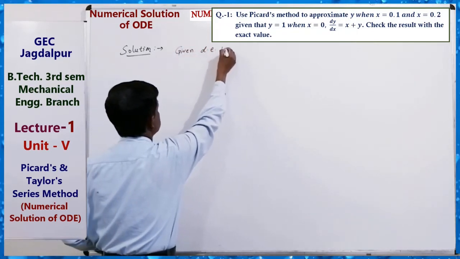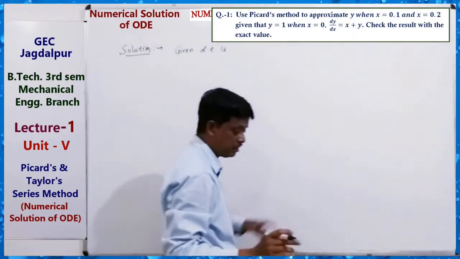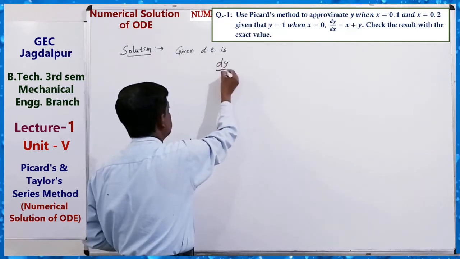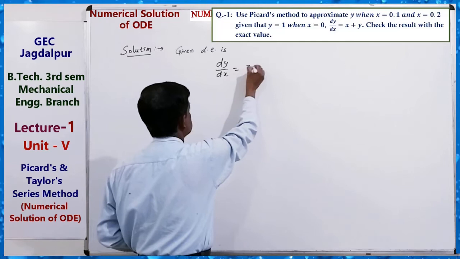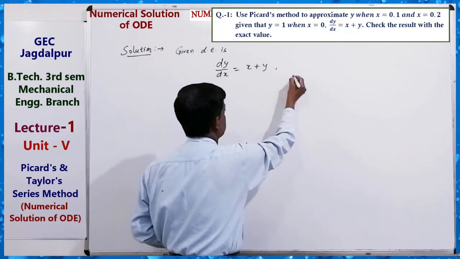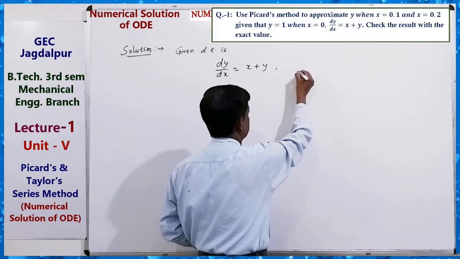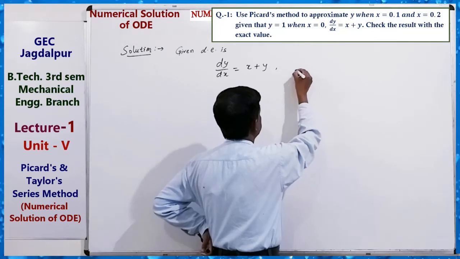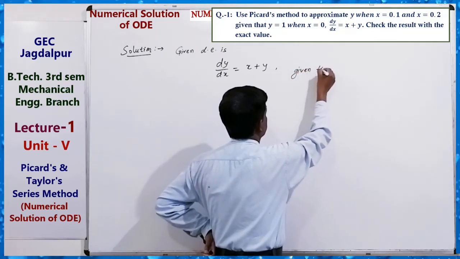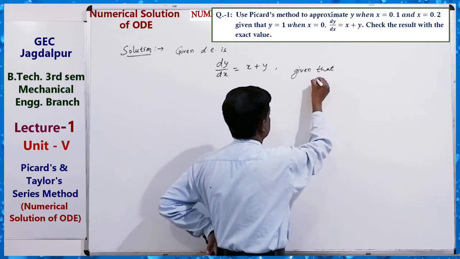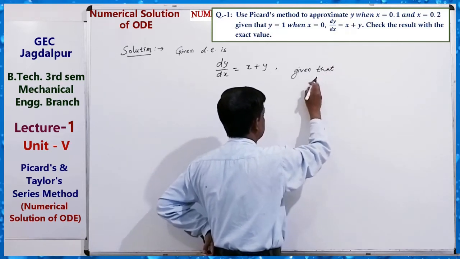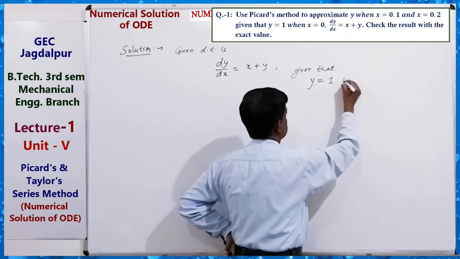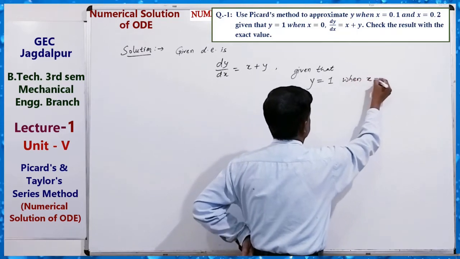The given differential equation is dy/dx equals x plus y, given that y equals 1 when x equals 0.